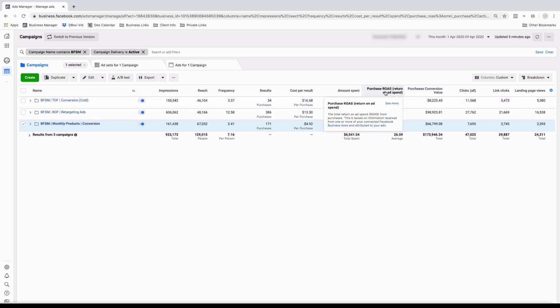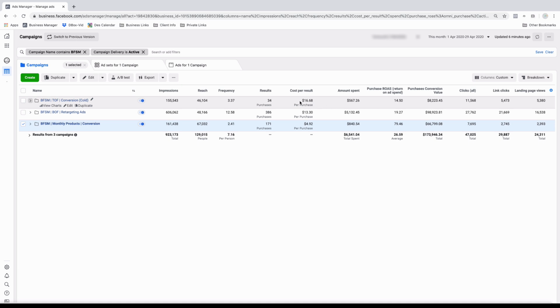So ROAS, return on ad spend. Basically what this is showing me is that for every dollar I've put in, I'm actually getting $14.50 in return. So for the $567 I've spent, I've got a conversion value of 8,200. So I'm really happy with that.